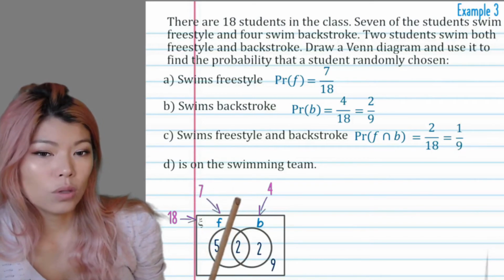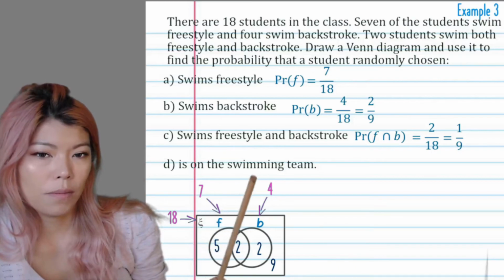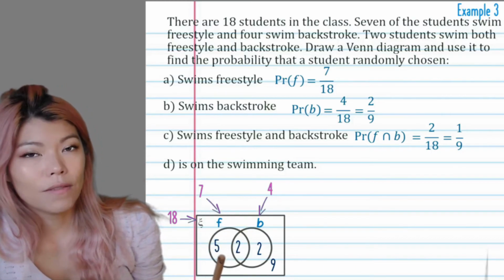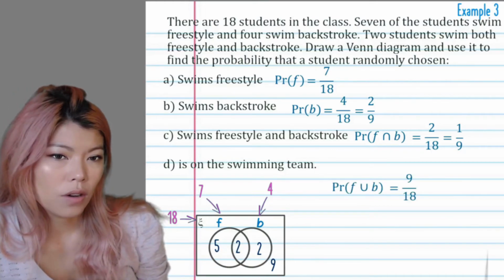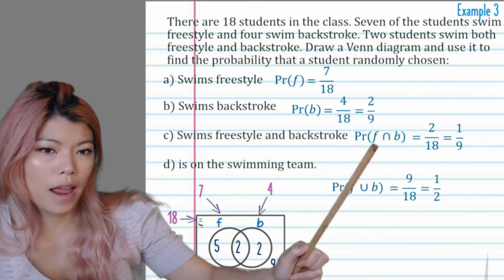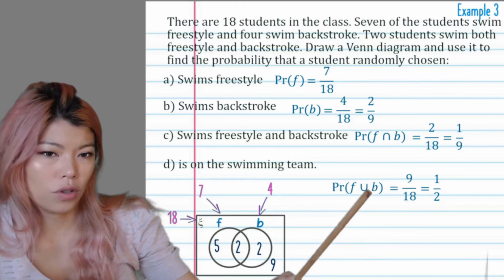And is on the swimming team, so A union B, so that is 7 plus 4 is 11 minus the intersection 2 is 9, or you can see from the Venn diagram it's 5 plus 2 plus 2, so 9 over 18. And notice the symbol for freestyle or backstroke is union.